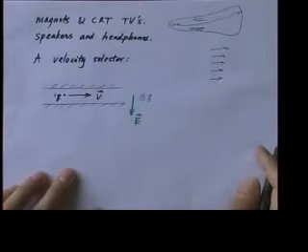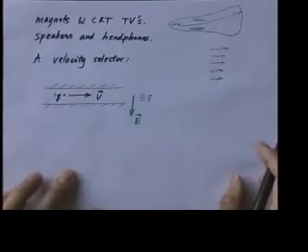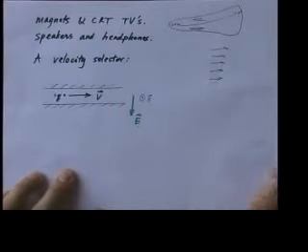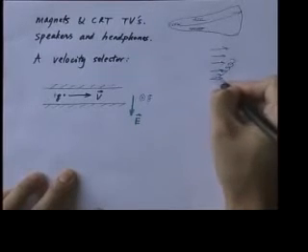Now, a speaker is a device which takes an electrical signal driven by a receiver or an amplifier, whatever, and turns it into audible sound, right? That's what a speaker does. How does that work? Well, in fact, most speakers, in principle, behave like this. You have an electrical coil through which a current can pass.